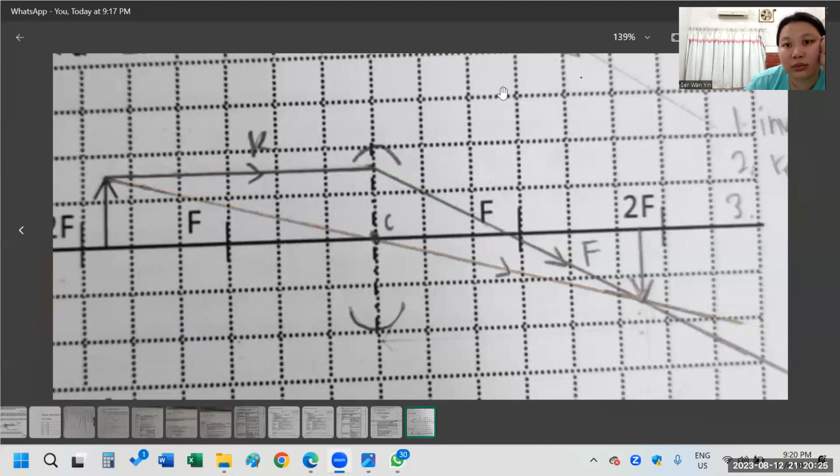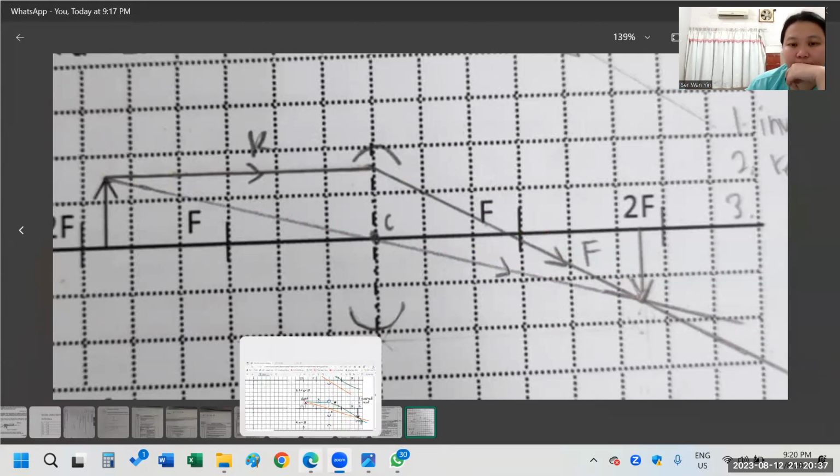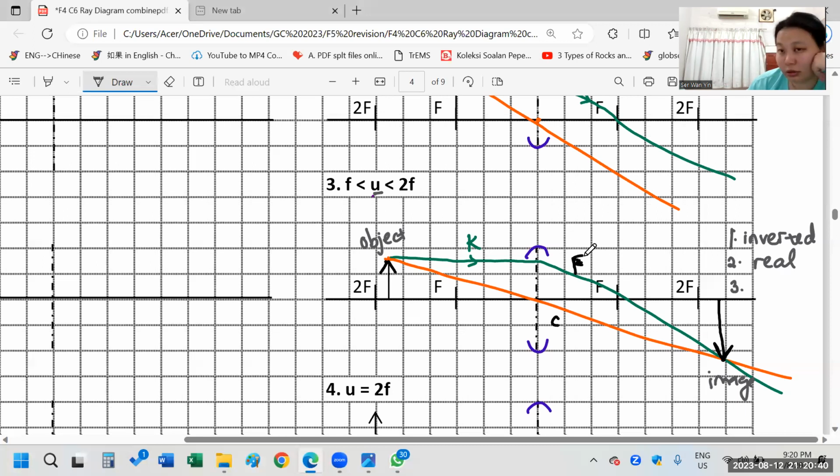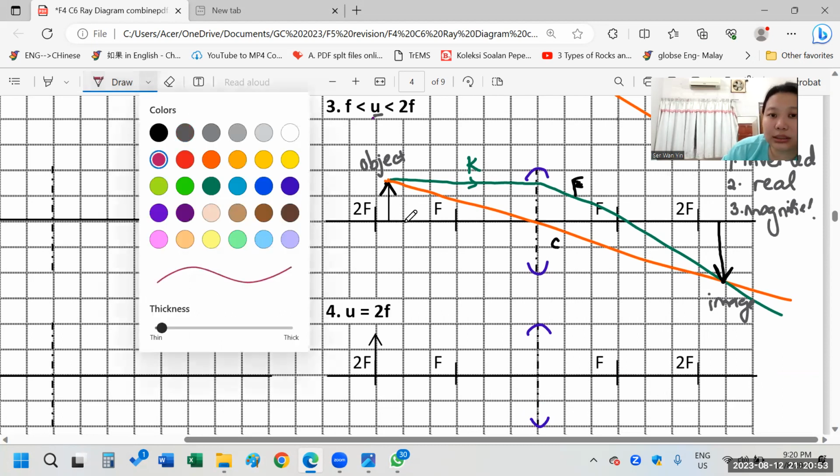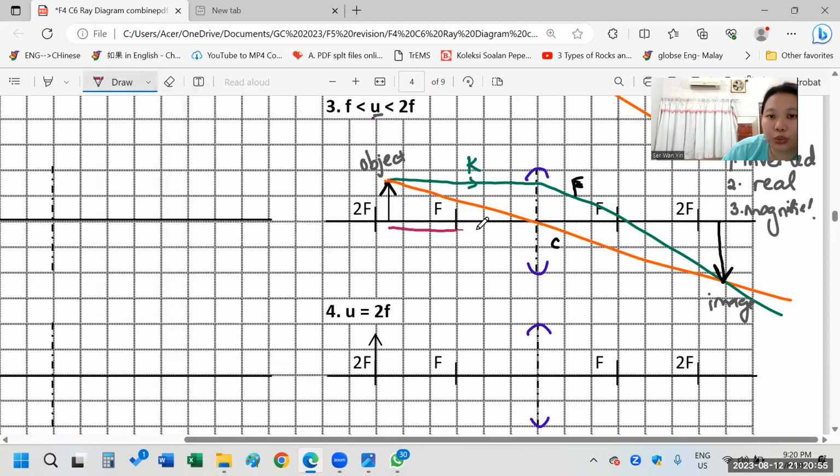So be careful, don't make the mistake. It must go exactly through the dot. Cannot be a triangle there. Alright, so now this is magnified. And actually here is u. This is u, and this is v.